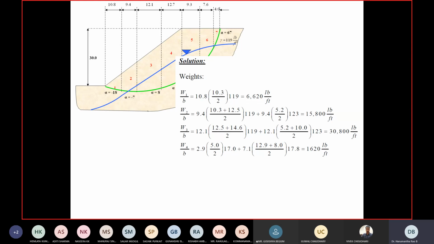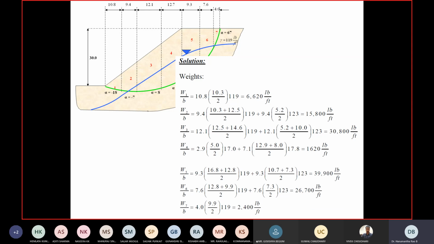So repeat the same thing for all the slices. Follow the same procedure from W1 to W7. This will give the total driving force.